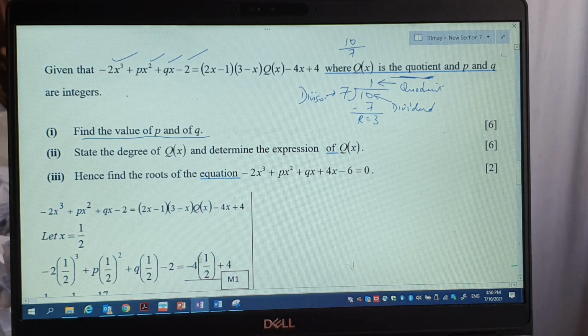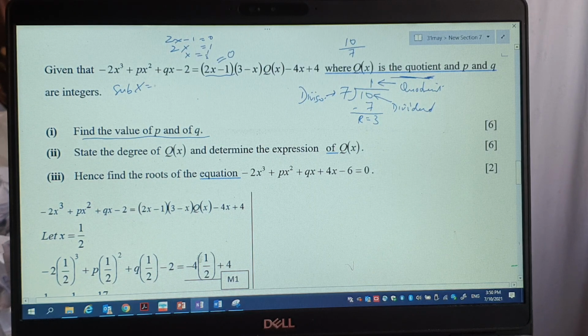So how to totally ignore Q(x)? Now when you sub, this is a sub method, remember we discussed in class. So how to make this whole thing become 0? You let 2x minus 1 equals 0, then you will get x equals to half.